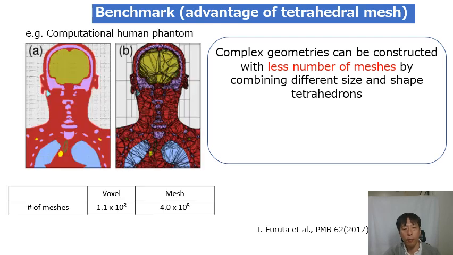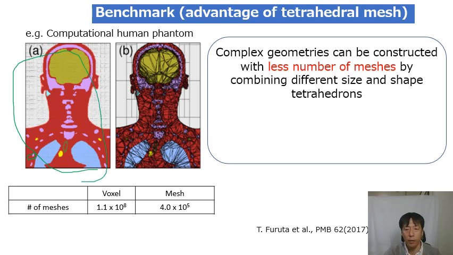This is an example of a computational human phantom. For voxel mesh, the size of the voxel is defined to represent the smallest structure inside the phantom. Therefore, a large number of meshes is required for voxel mesh to represent macroscopic objects like a human phantom.